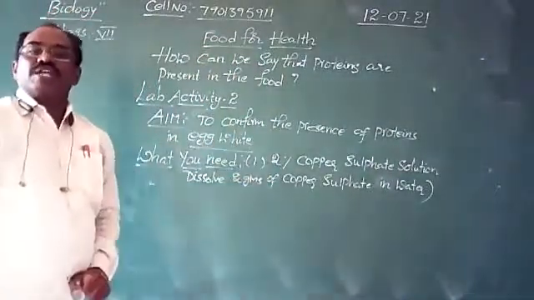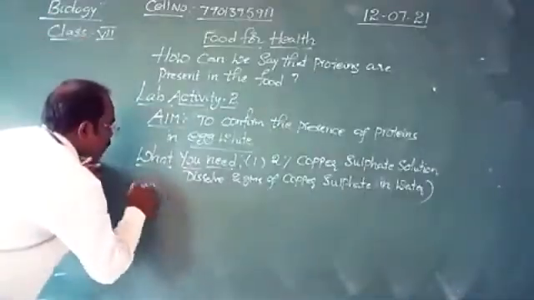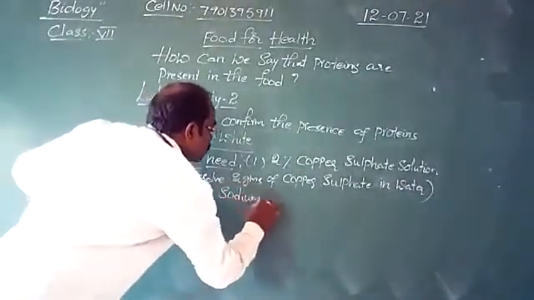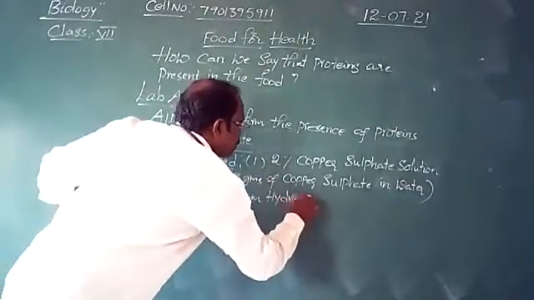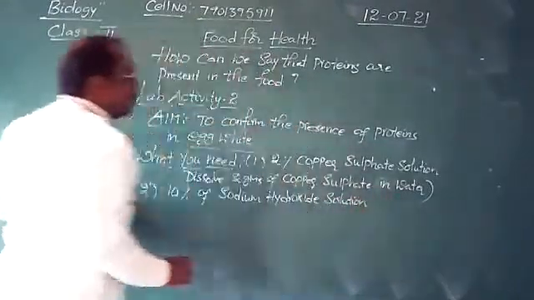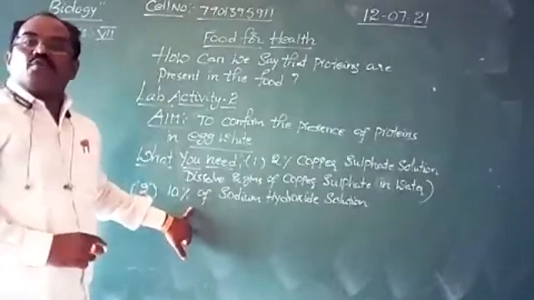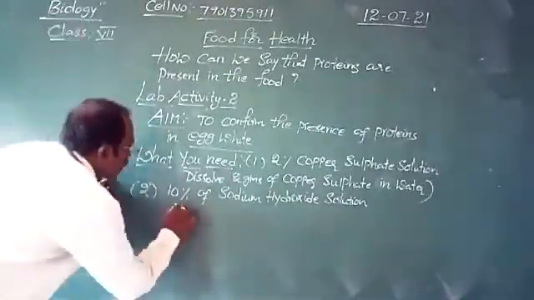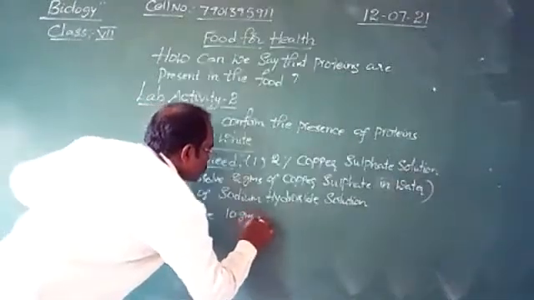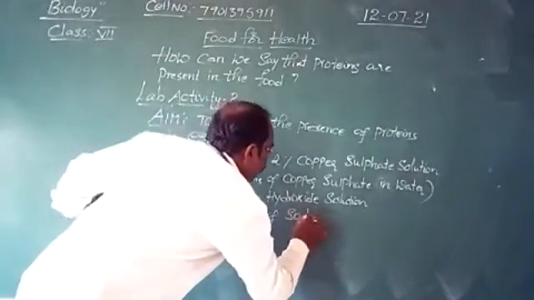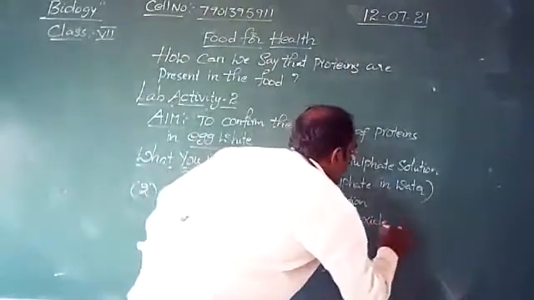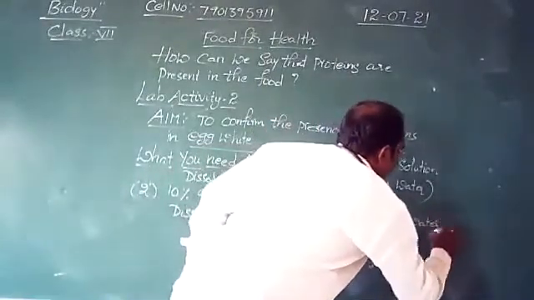This is the first solution. The second one is 10% sodium hydroxide solution. 10% sodium hydroxide solution means dissolve 10 grams of sodium hydroxide in water.